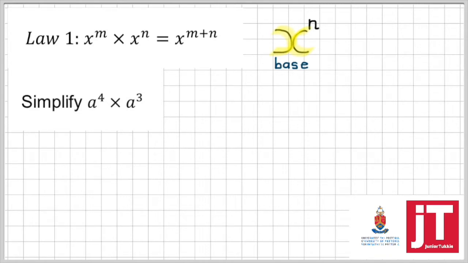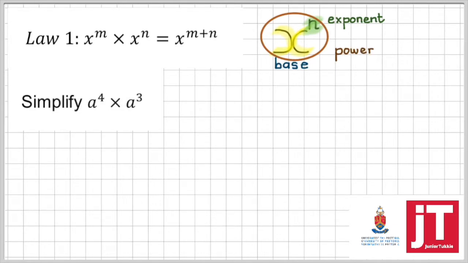Learners often get confused when the base is a number, but you will know that it is a base because it is beneath the exponent. In this case, n is the exponent on x, but again, that variable n can be replaced with any other number or letter. When we look at x to the power of n, we call this a power.